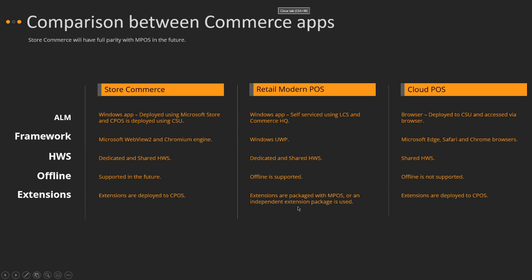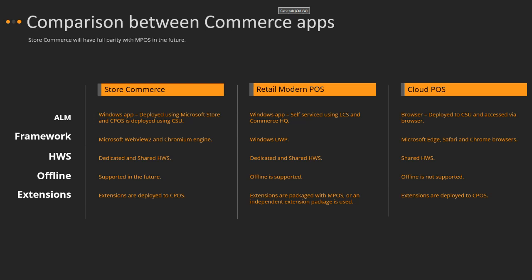You write the same extension code once, but how it gets packaged and deployed to each application type is what varies. If you want to deploy to Store Commerce, you package it as a cloud POS extension. If you want to deploy to modern point of sale, you package it as a modern point of sale extension. That's the only difference.